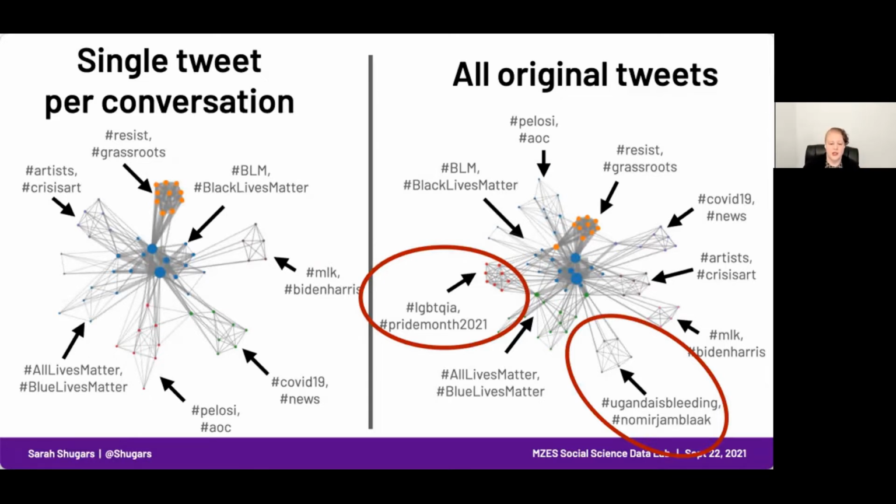So the conversation about LGBTQIA and Pride Month, as well as a discussion of events happening in Uganda, appeared in the original network. It appears that those topics weren't being discussed by lots of people, but were discussed in active conversations.